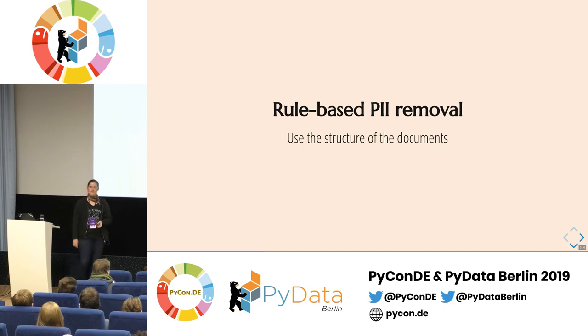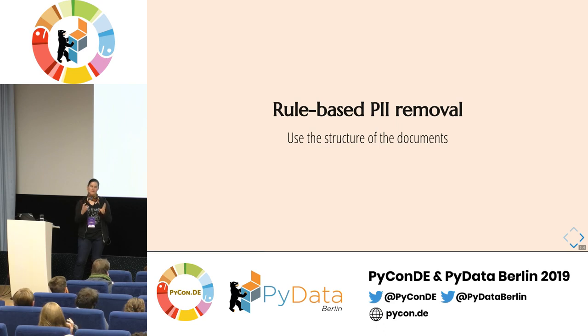Another solution is if you are handling text data, but it's not really unstructured. It's what I would call semi-structured. I'm thinking about anything like forms, curriculum vitae, resumes, reports, instant messaging logs, or any kind of logs.